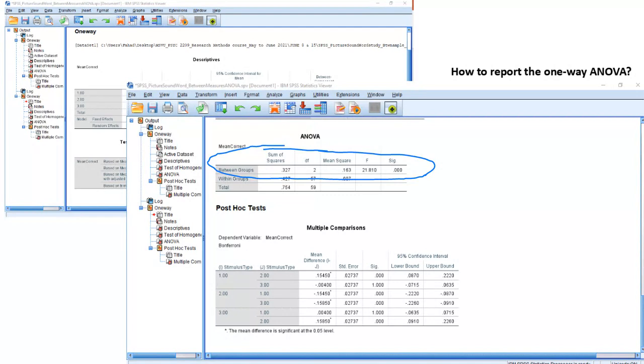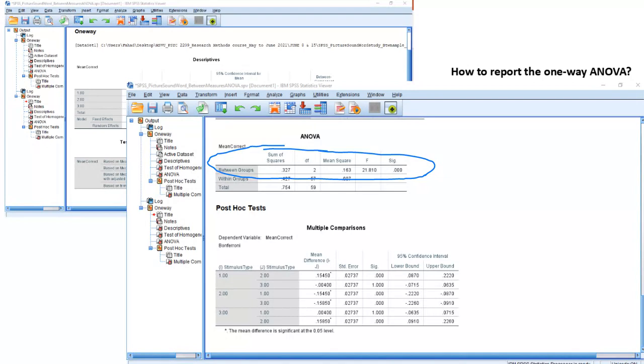So basically, if you were reporting this result, you would say F(2, 57) is equal to, I'm not rounding up or anything, and p is less than 0.01. And you would also have your eta squared, but I don't think that's here, anyways, but that's how you might report it.